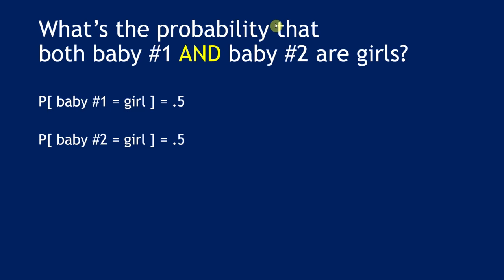We know roughly 50% of the pregnancies are girls and roughly half of them are boys. So the probability of getting the first baby as a girl is 0.5. But the second one is also 0.5. So whether the first baby is a girl or a boy will not affect the gender of the second baby at all. Every pregnancy is a new gamble, basically. They're basically independent events.